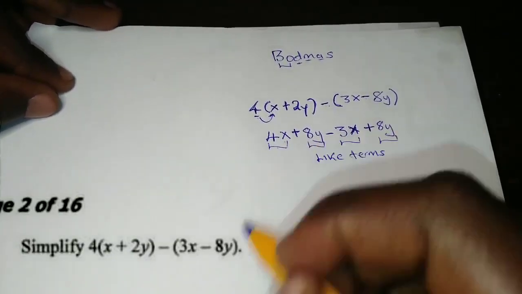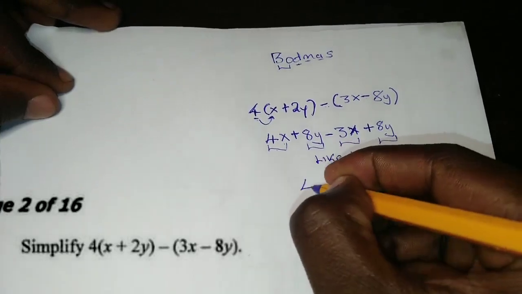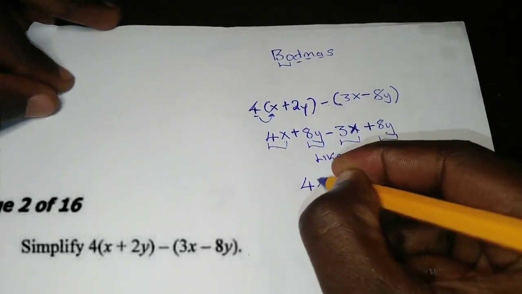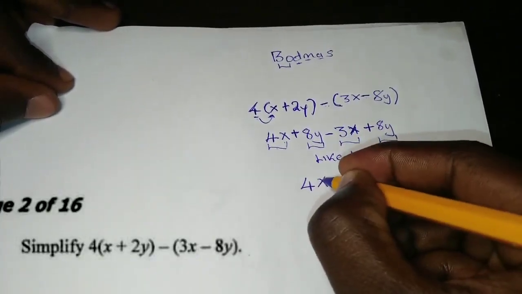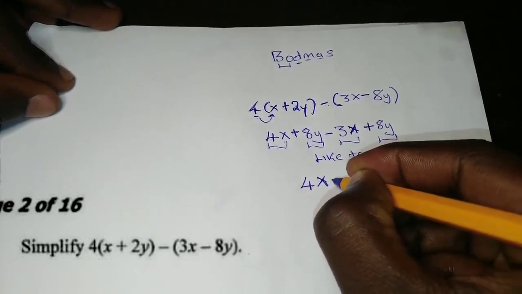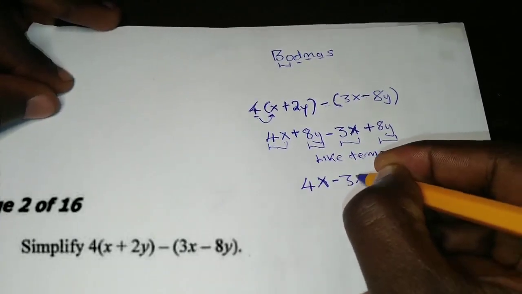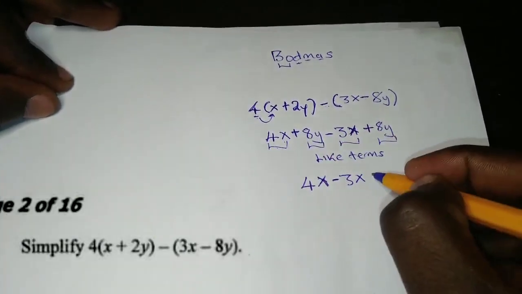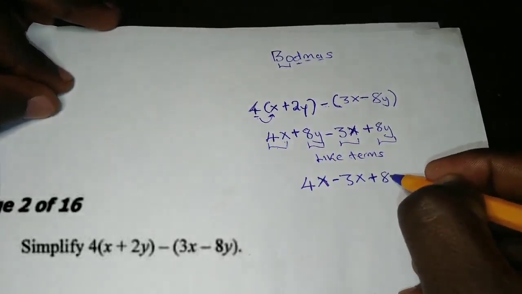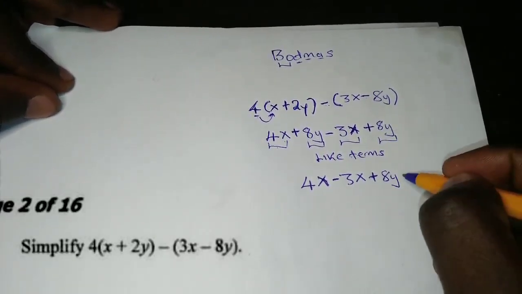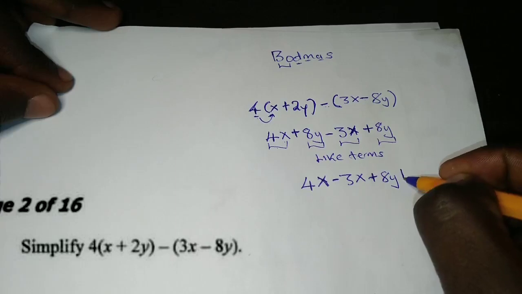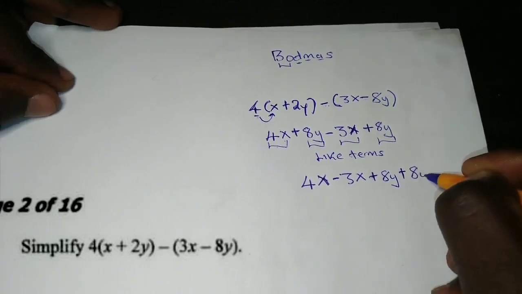Like terms, we are able to group them. So this is going to be 4x grouped with minus 3x. Then you get plus 8y, which will be grouped with another plus 8y.